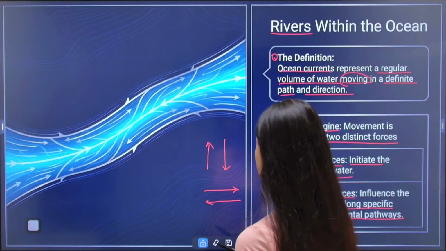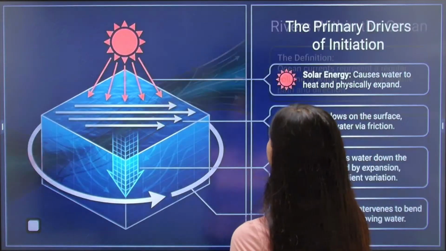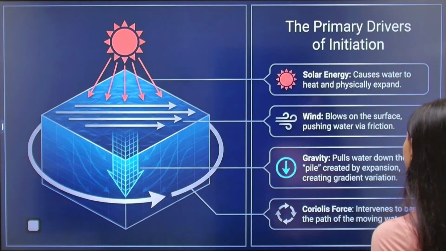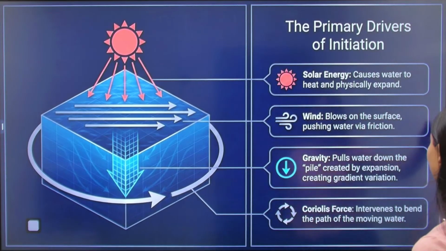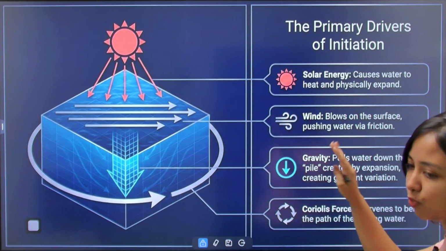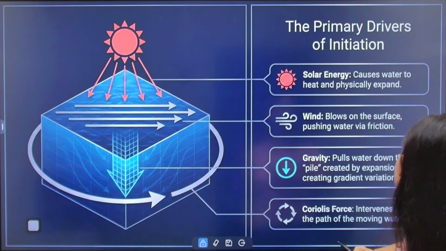So two basic forces govern the movement. The primary drivers of initiation. We have four primary forces responsible for initiation of ocean currents.